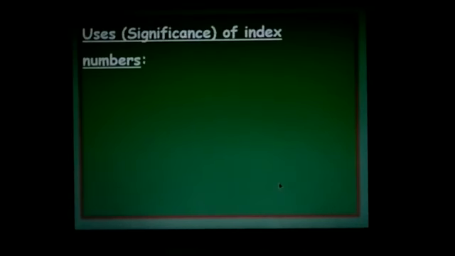Now, after having got the platform of index numbers, let us observe the uses or significance of index numbers.